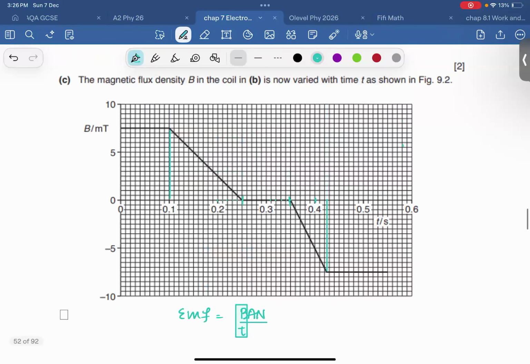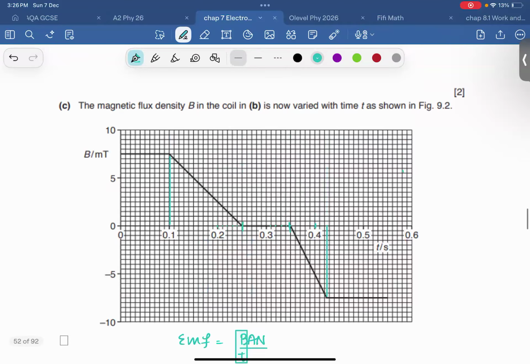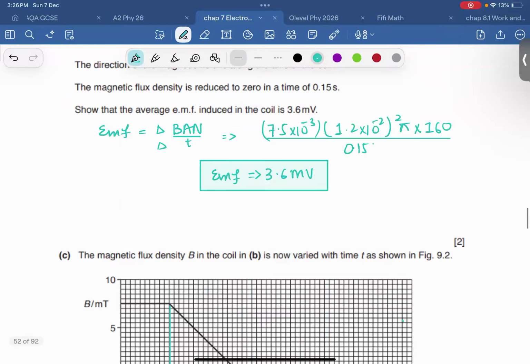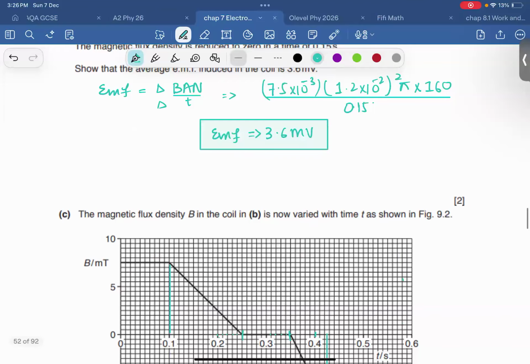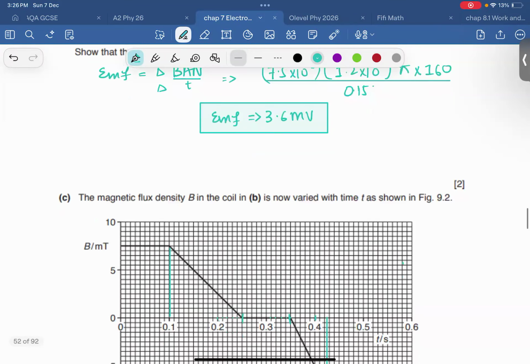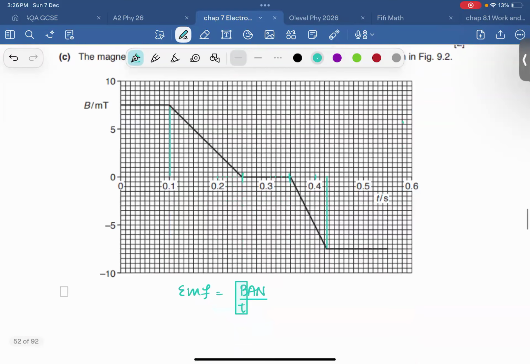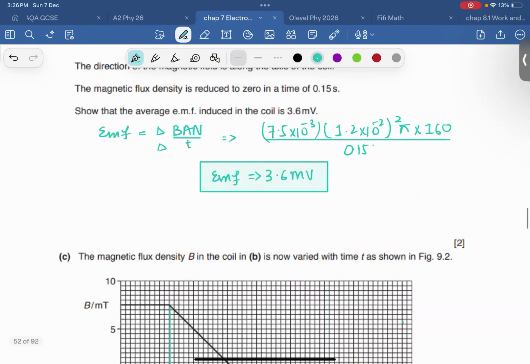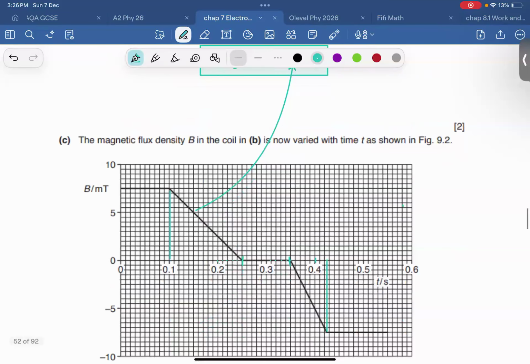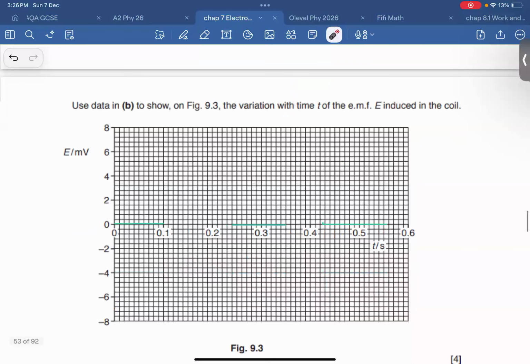For the two remaining sections, we know this one as 3.6 millivolts. For this one, we did the work, so the induced EMF for this portion is going to be 3.6, and you can draw it directly.